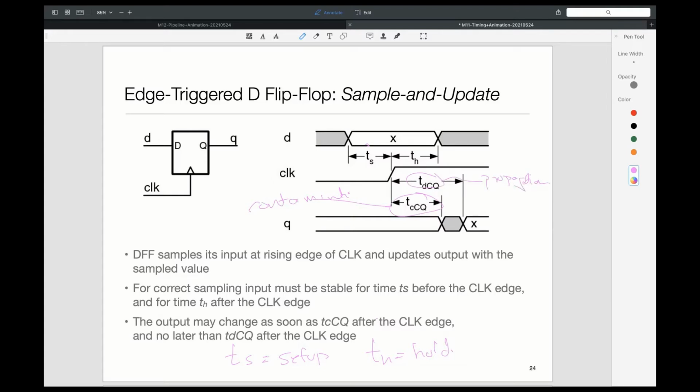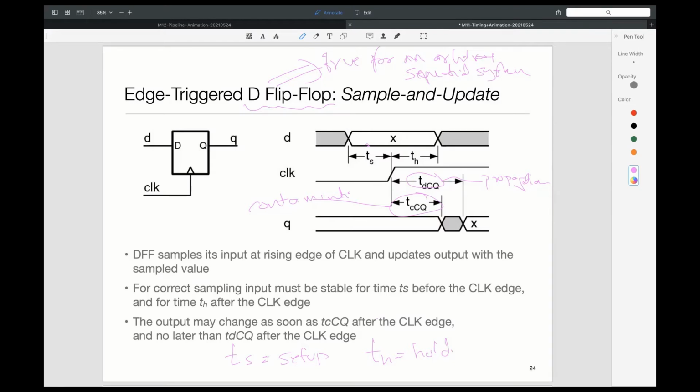One other thing to remember is that even though I'm saying this is for a D flip-flop, these concepts are true for an arbitrary sequential system. An arbitrary sequential system will have some input, multiple bits, D, some output, multiple bits, let's call it Q, and a clock.